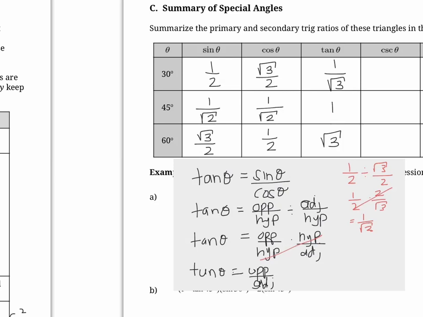Take a look at this guy here. If we take the sine divided by the cos, we would look at root 3 over 2 divided by 1/2. We know we're going to flip and multiply, so root 3 over 2 times 2 over 1. Those 2's will cancel out, and we'll just be left with root 3 over 1. So that's another way that we can find tan.